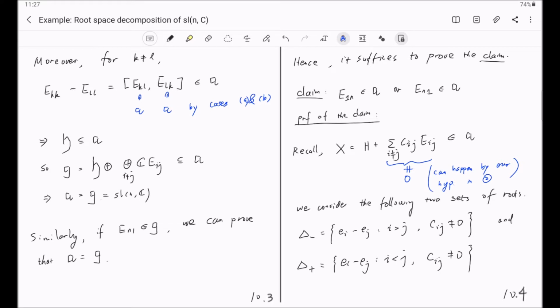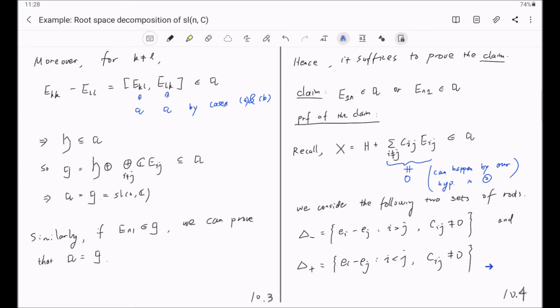Namely, for this first set, delta negative, we are considering the negative roots. This is a negative root, where the coefficient before E sub ij is non-zero. And this is a set of positive roots, such that the coefficient C sub ij is non-zero.